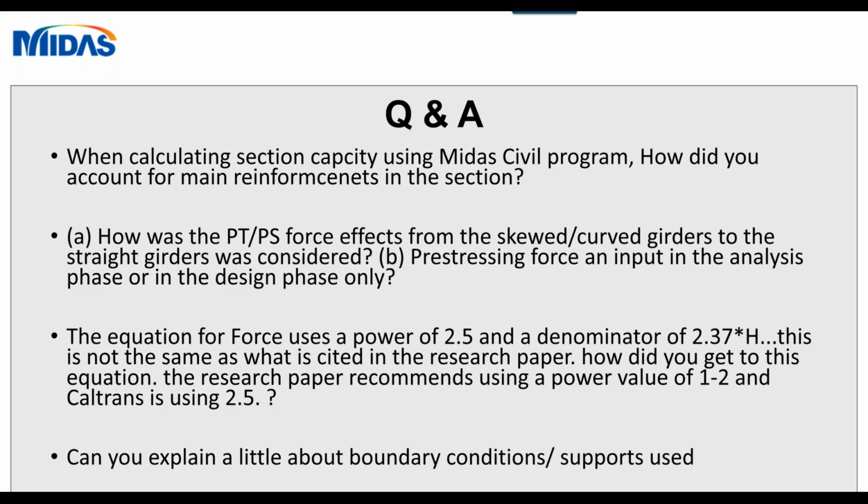Can you explain a little about the boundary condition support used? The columns, initially we were playing with different boundary conditions. At the beginning, we were connecting this ramp to the existing one, and we evaluated the results, and we were affecting the other existing bridge, so we decided to separate them with an expansion material.